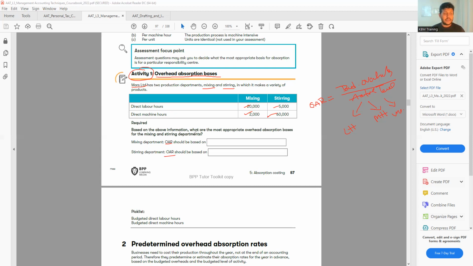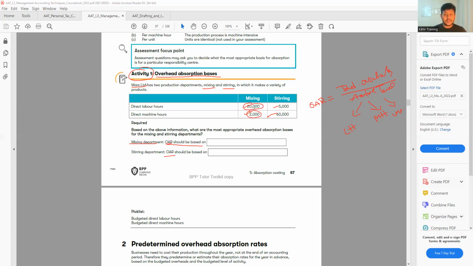If we look at the scenario, it's not very difficult to understand. For the mixing department, should the overhead absorption rate be based on machine hour or labor hour? What do you think? We can easily see 20,000 is the labor hour and 2,000 is the machine hour.